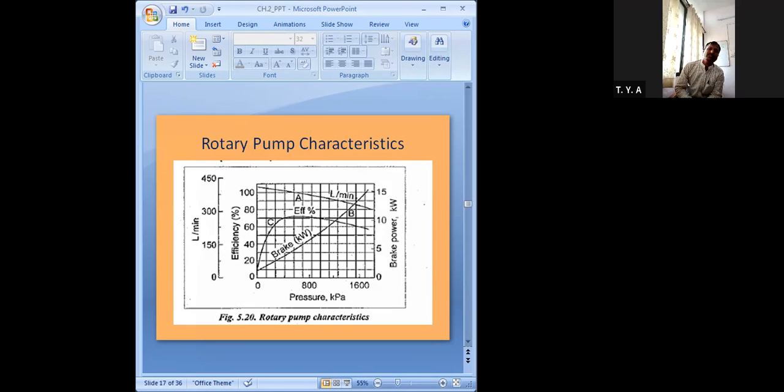And the third conclusion is that there is relatively little difference in the rate of discharge with the delivery pressure. Getting it?